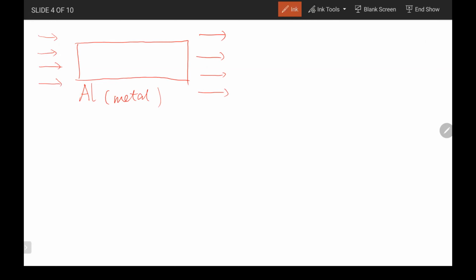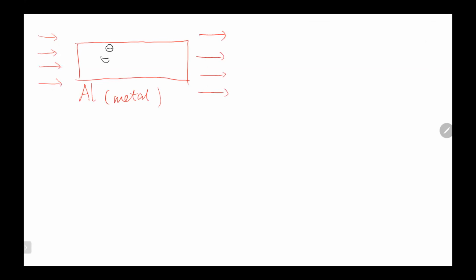So the negative charge and the positive charge will be polarized by the electric field. At the beginning, if there's no electric field, the positive charge and the negative charge are distributed randomly inside the box. And the number of positive charges is equal to the number of negative charges. So the box is neutral.